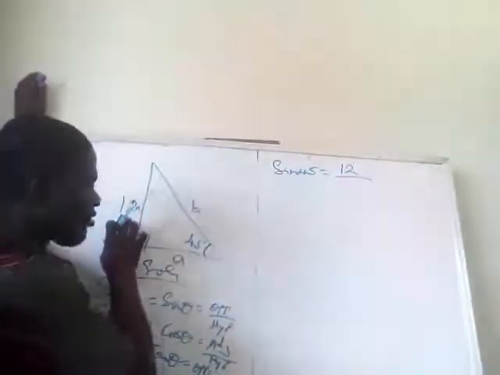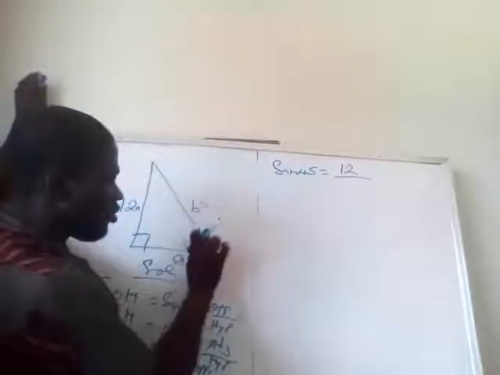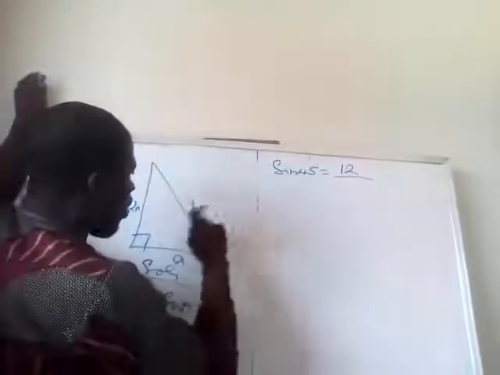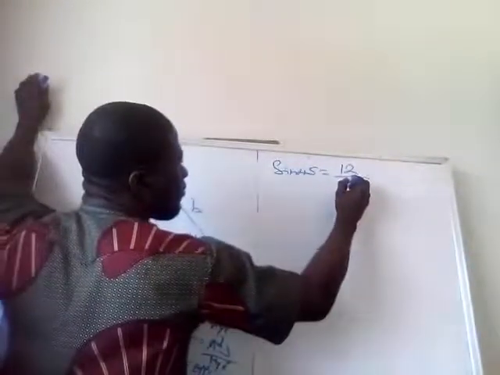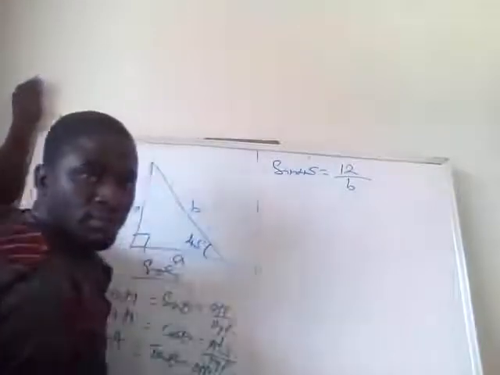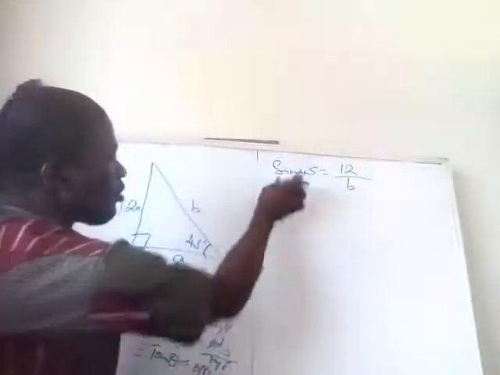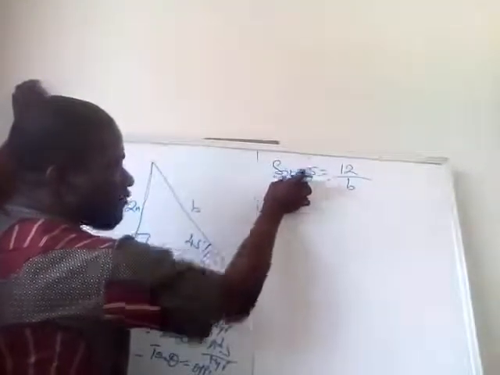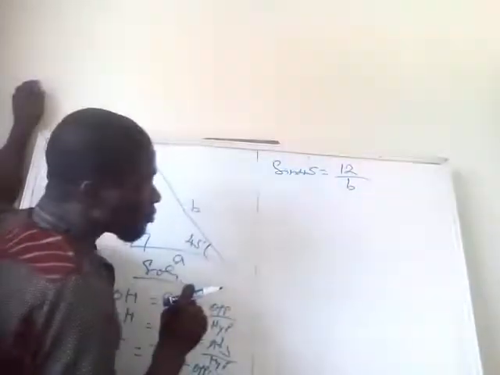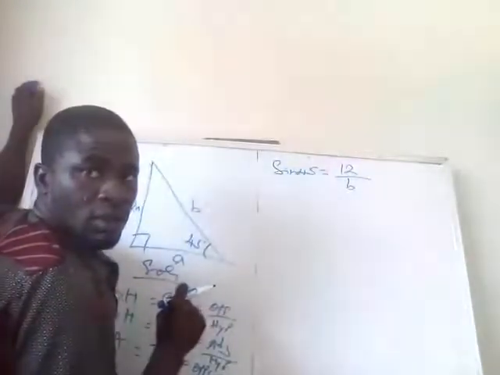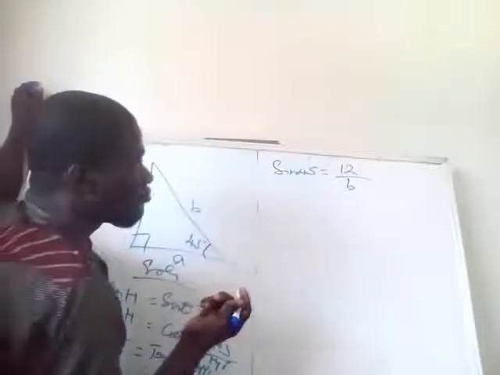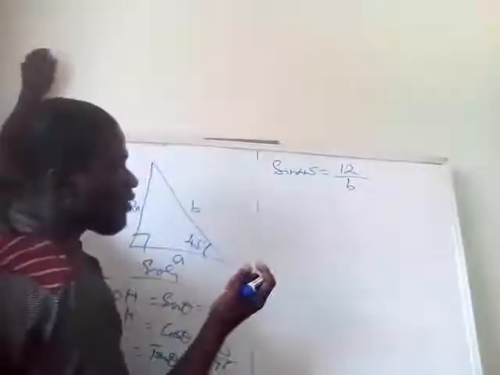This is opposite, and this is the hypotenuse of this triangle. You have B. Then you have sine 45. You understand, right?